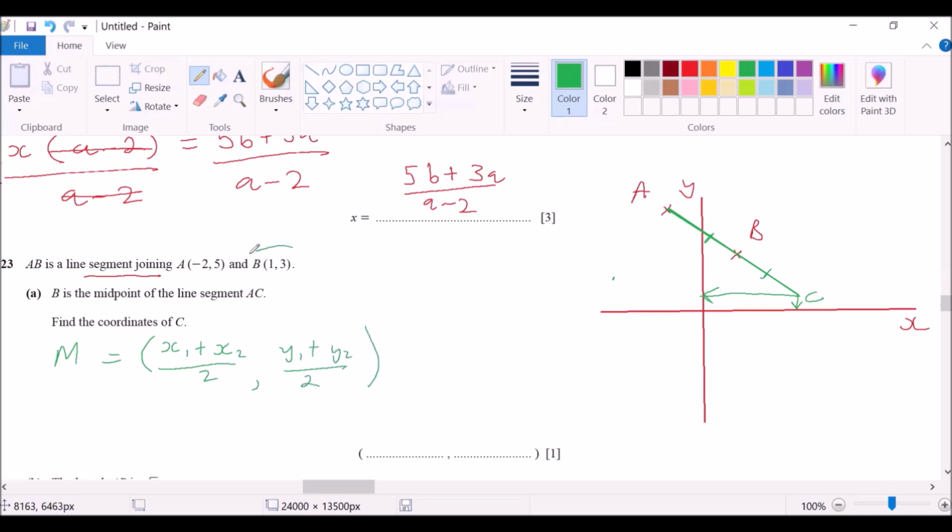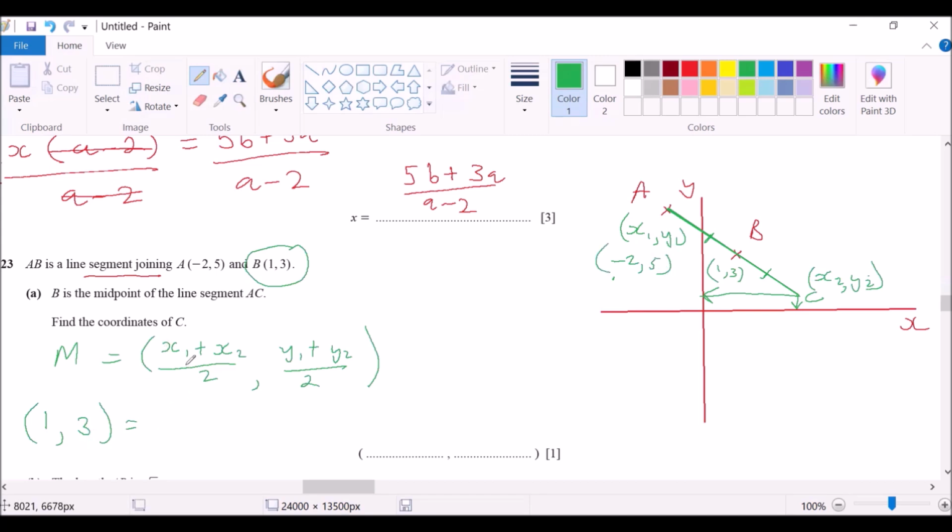Now we are given the coordinates of the midpoint. So we can say 1, 3 is equal to x1 and x2. So this is x1, y1, and C is x2, y2. These are the coordinates of C. So the midpoint is at B here, which are these points. B is 1, 3. A is -2, 5.